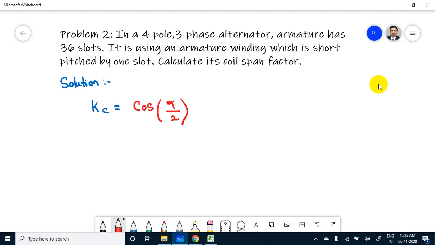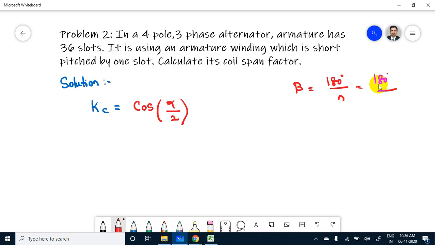Okay, we have to calculate the alpha. So how to calculate this alpha? First we have to calculate this slot angle beta equal to 180 degree divided by n, where n is slots per pole.